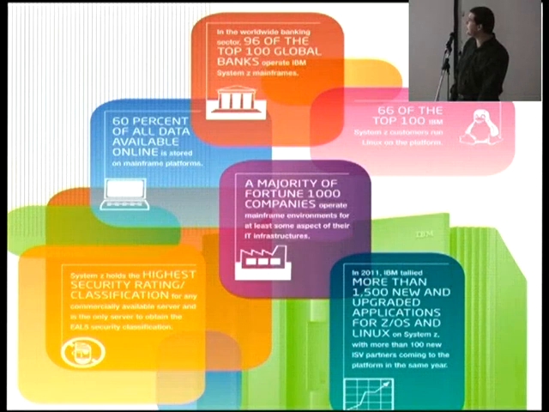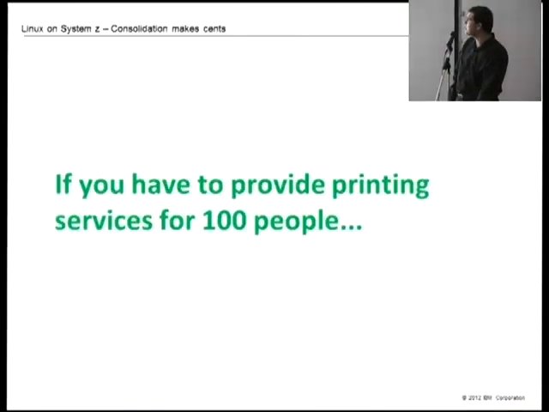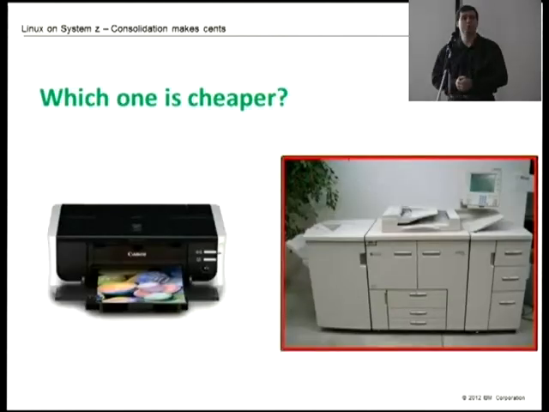Okay, so all of this I would like to illustrate with an example of why these companies do this. So a real life question: if you have to provide printing services to 100 people, which one of these will be cheaper? A small desktop inkjet printer, or this big bad guy on the right?